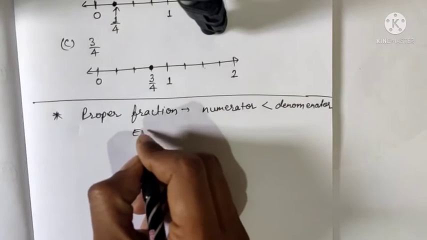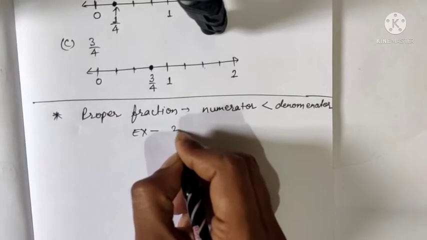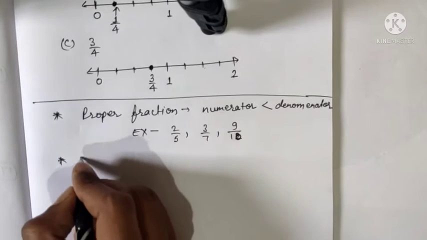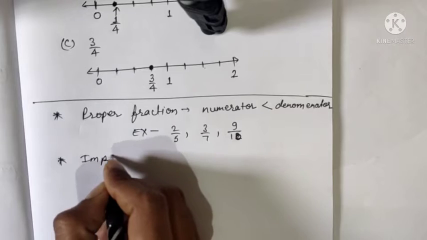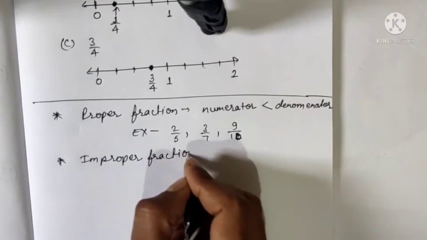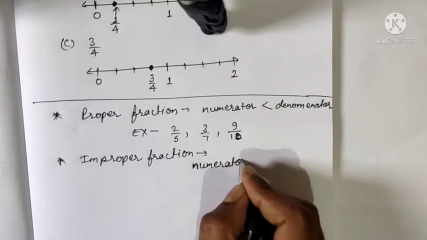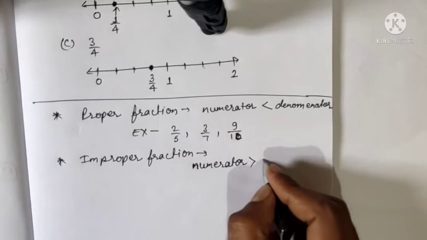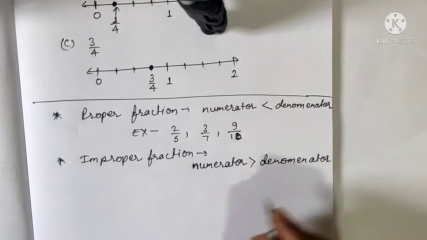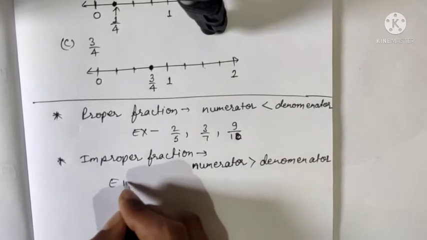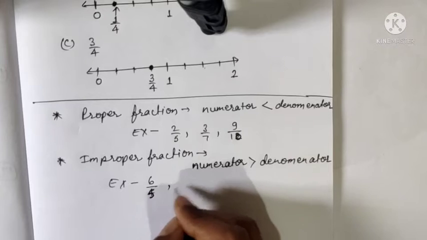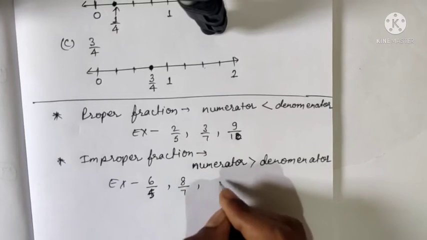For example, 2 by 5, 2 by 7, 9 by 10, etc. An improper fraction is the inverse of a proper fraction. That means in an improper fraction, the numerator will be greater than the denominator. For example, 6 by 5, 8 by 7, 10 by 3, etc.